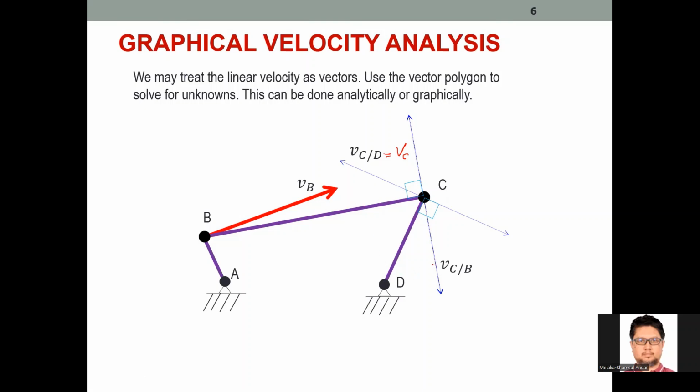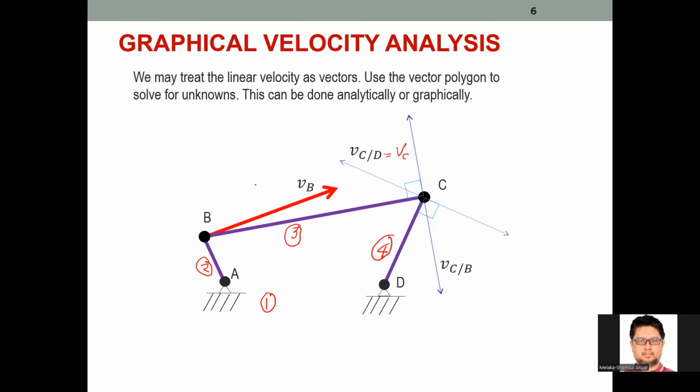So this is VC at point C with respect to B. So in that case, we are assuming that this link is going to rotate about point B. Usually, if we do the numbering, ground is number 1, so this is number 2, this is number 3, and this is number 4. All right, so we can use that.